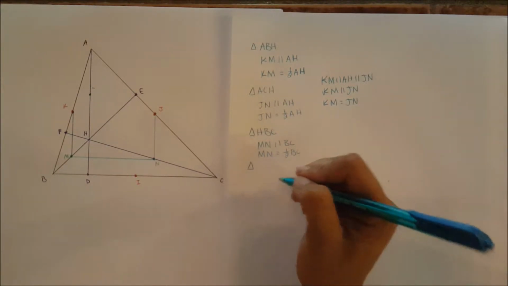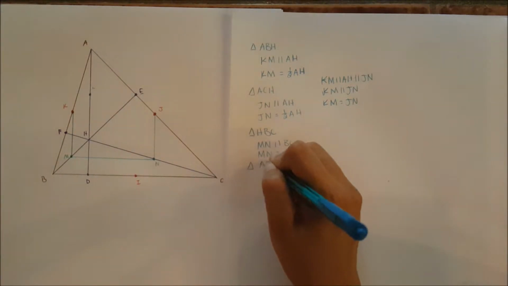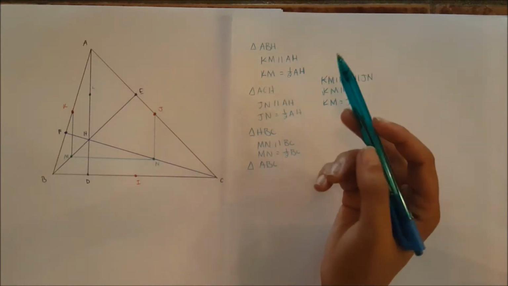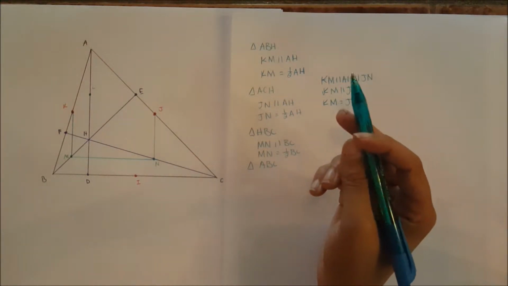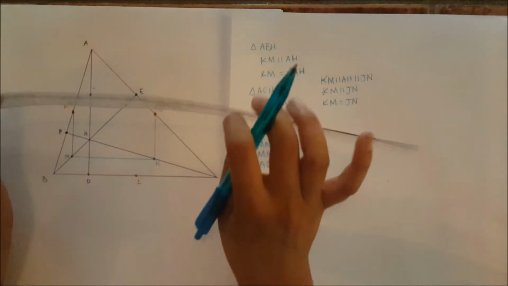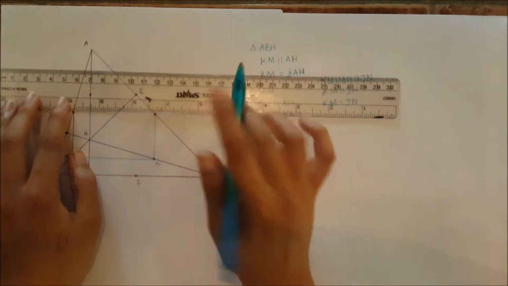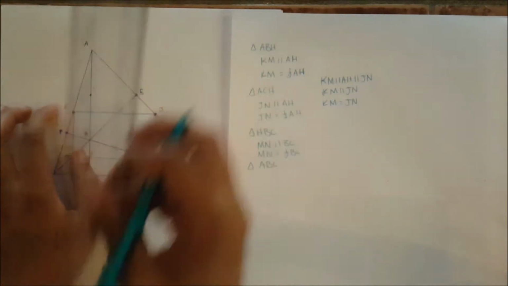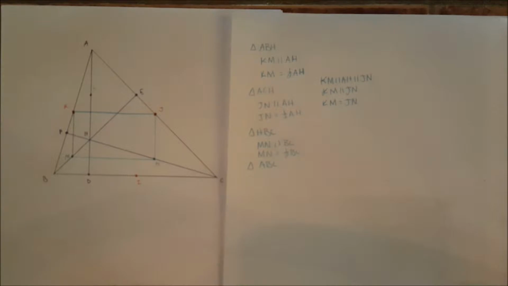And then we're going to look at one more triangle, triangle ABC. So we have K as the midpoint of AB and J the midpoint of AC. So we can connect these 2. So KJ is now the midline of triangle ABC.